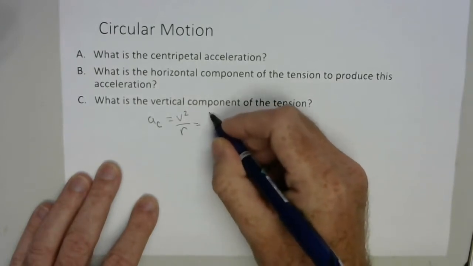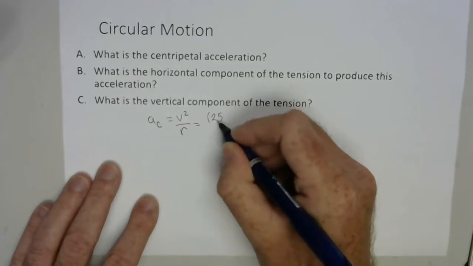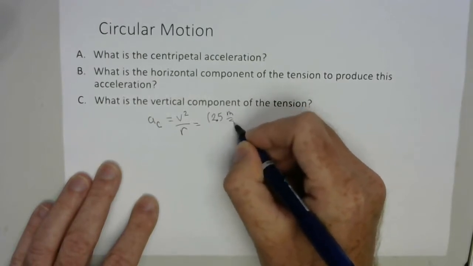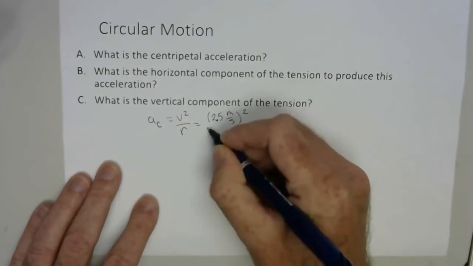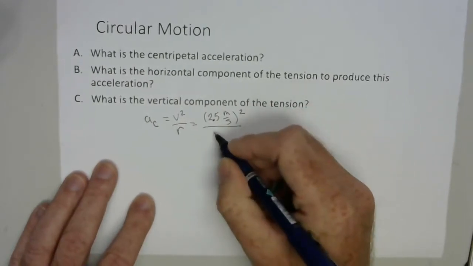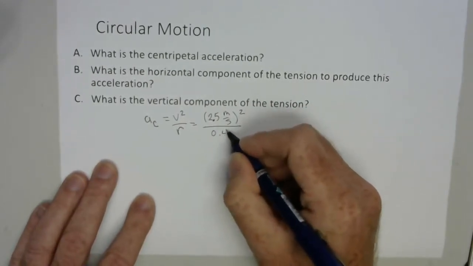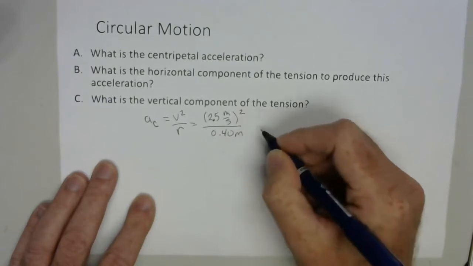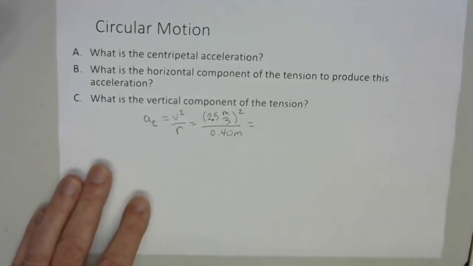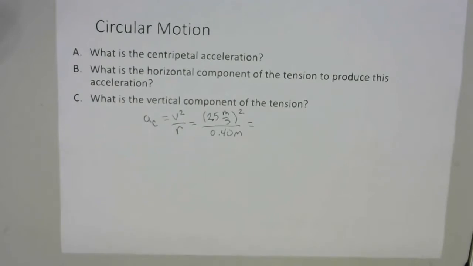It was going 2.5 meters per second, quantity squared, over the radius of 0.40 meters. We'll end up with units in meters per second squared because we get meters squared per second squared on the top and then meters on the bottom. One of those meters cancels out and gives us meters per second squared.